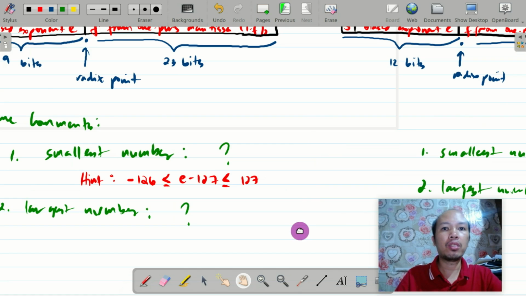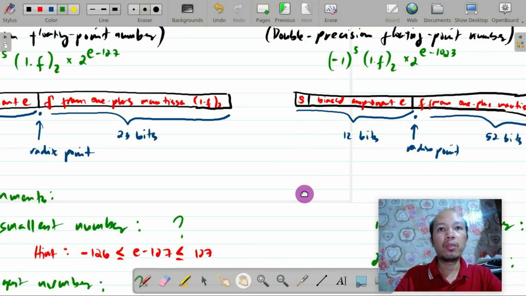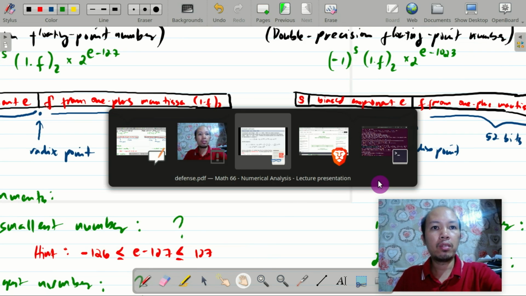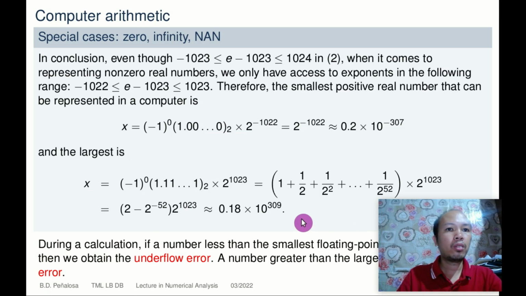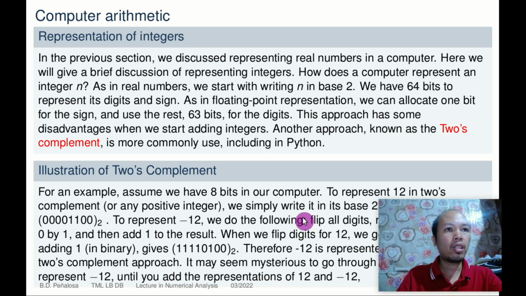Anyway, I guess we are now ready to discuss this topic: how to represent integers in a computer. So integers and real numbers, we discussed this before. How do we represent an integer?